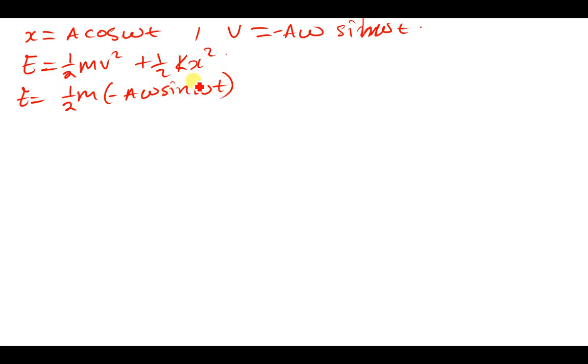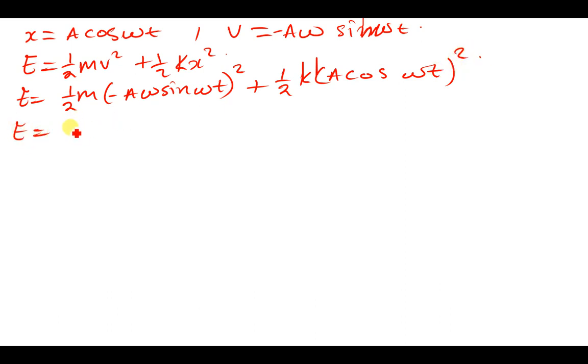This omega is simply the angular velocity. Then plus half k; let me leave k like this and change it at the end, where there's x, I put a cos omega t, and then we square this.